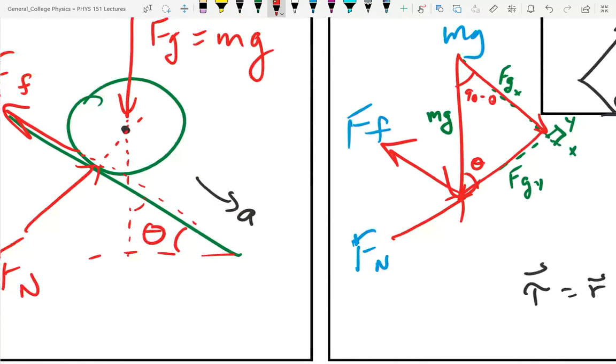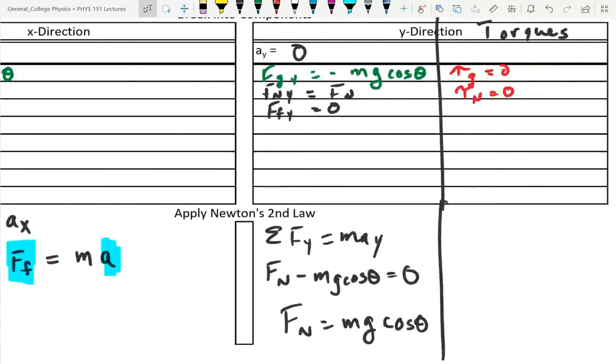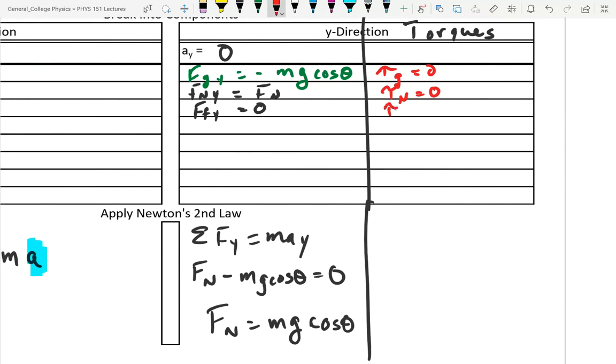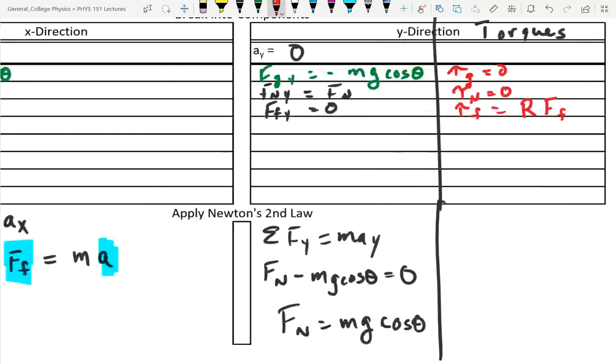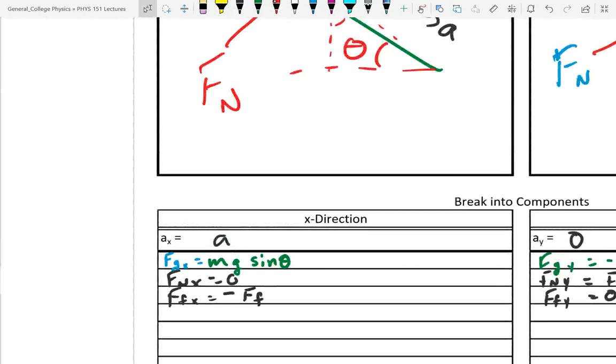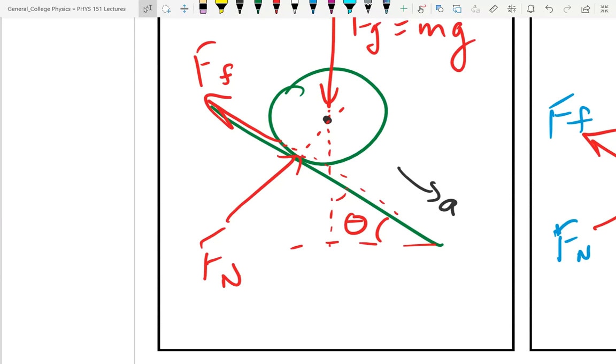So that torque is going to have a magnitude of the radius of the object times the force of friction. But notice I said it has a magnitude of. I need to pay attention to direction. Determine if it's a positive or negative torque. So looking at this picture, and I will write in the R vector. There's the R vector. Here's the force of friction vector.